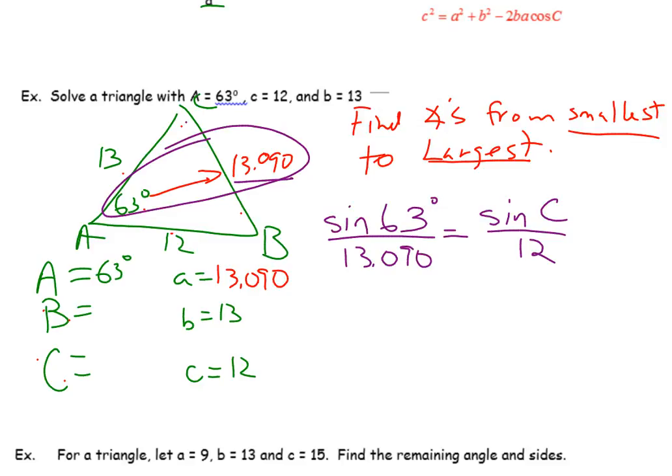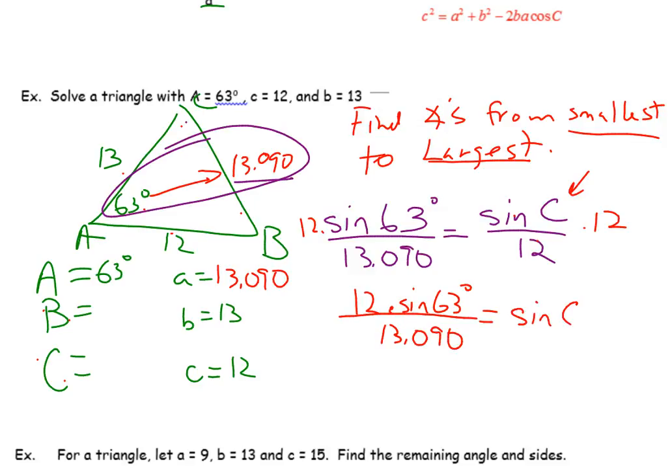Now, to get C alone, first I have to get rid of the 12 and the sine. The first number we want to get rid of is the 12, so I'm going to multiply both sides by 12. So I get 12 times the sine of 63 degrees over 13.090 equals the sine of C.